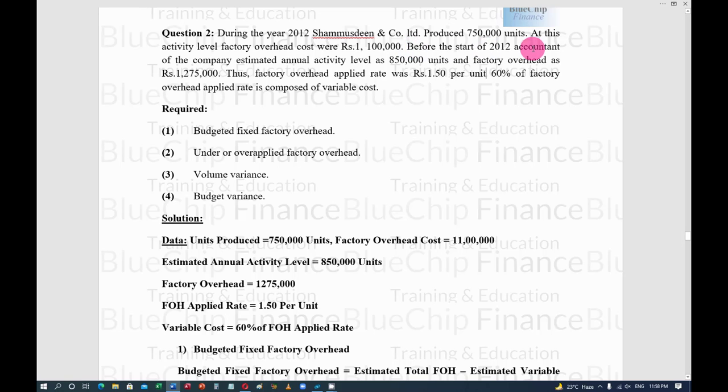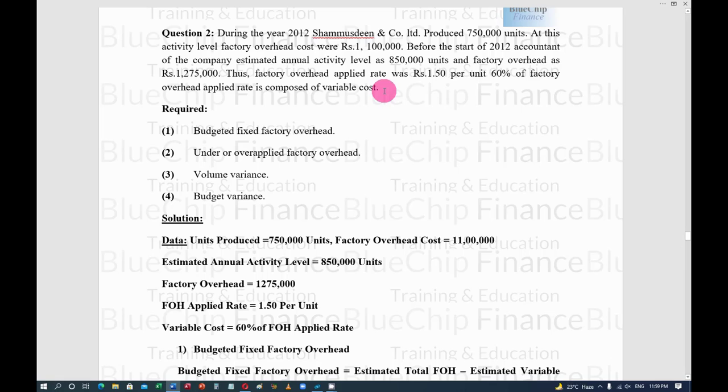Before the start of 2012, the accountant of the company estimated annual activity level as 850,000 units and factory overhead as 1,275,000. Thus, the factory overhead applied rate was rupees 1.50 per unit. 60% of the factory overhead applied rate is composed of variable cost.